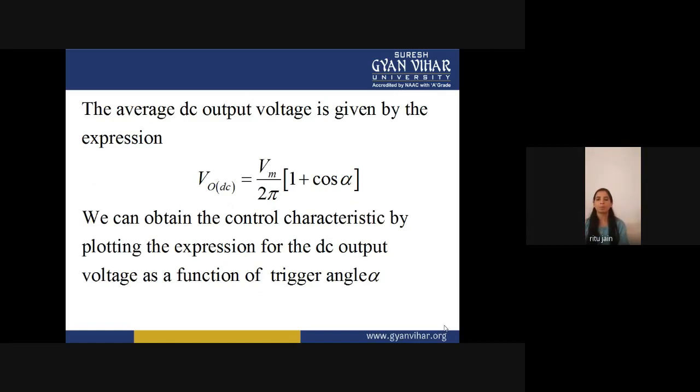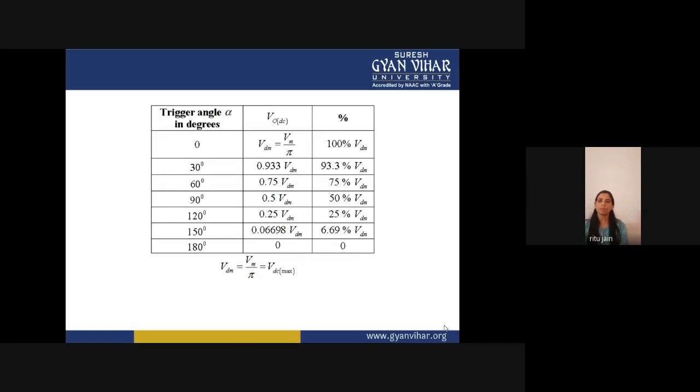We can obtain the control characteristic by plotting the expression for the DC output voltage as a function of trigger angle alpha. If you take different values of firing angle alpha, the limit of firing angle is from 0 to 180 degrees: 0, 30, 60, 90, 150, and 180 degrees. So, the output DC voltage is VDM.